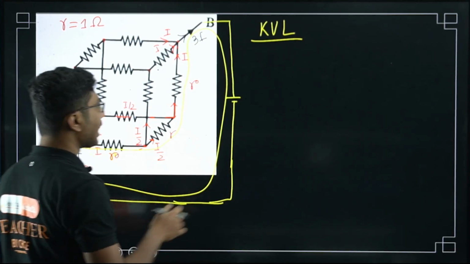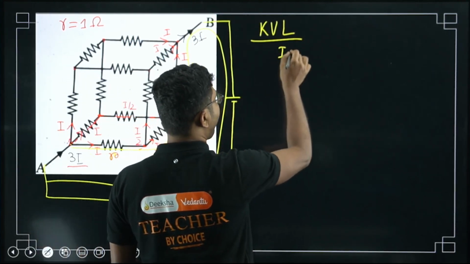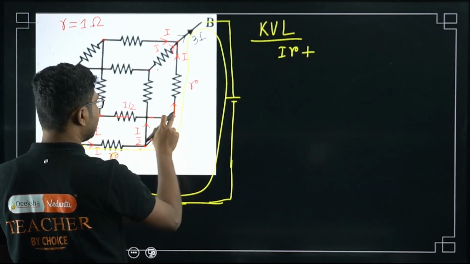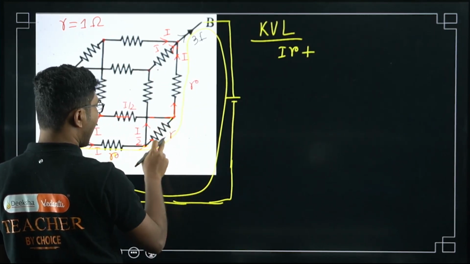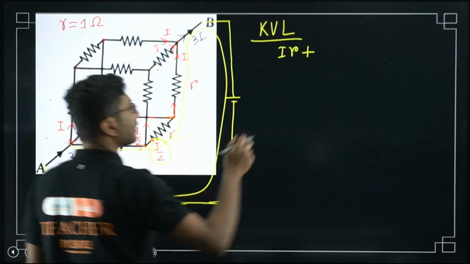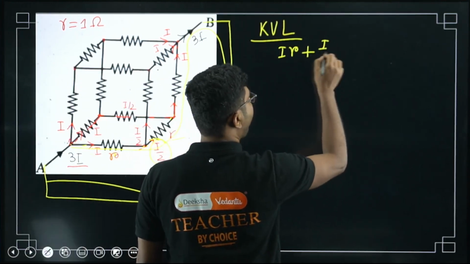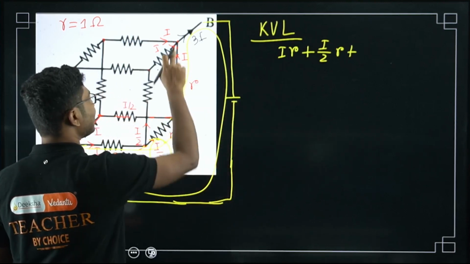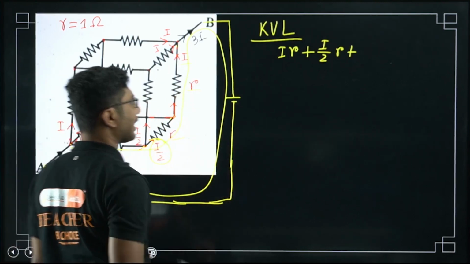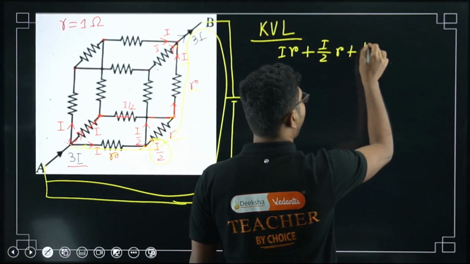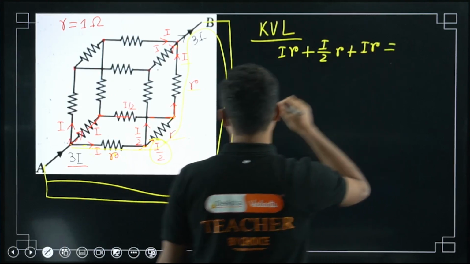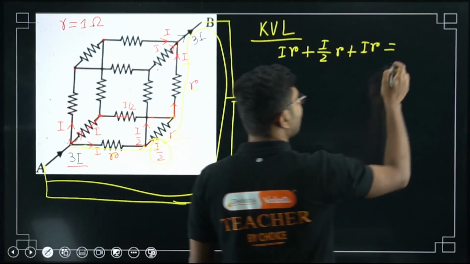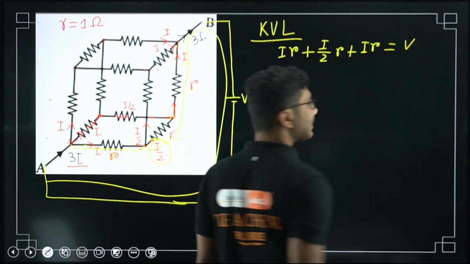I times R. Plus, for this resistance, it is I by 2 times R. Plus, for this resistance, here I times R again. Now this should be equal to the external voltage source. Say the external voltage source is V, then it will be V.